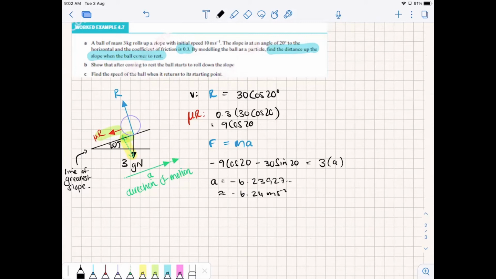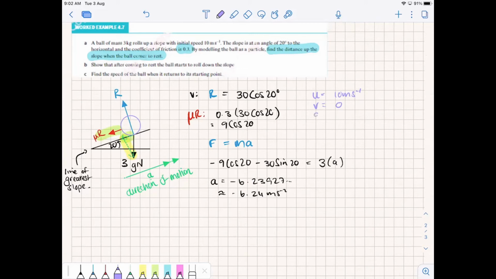Right, now that we have the acceleration, we can go back and read the question. It says we want to find the distance up the slope, all right? So let's think about the information that we know. We know the initial velocity is equal to 10 meters per second in the direction of motion. We know the final velocity is going to be 0 because the maximum distance it travels up the hill will be up until the ball comes to rest.